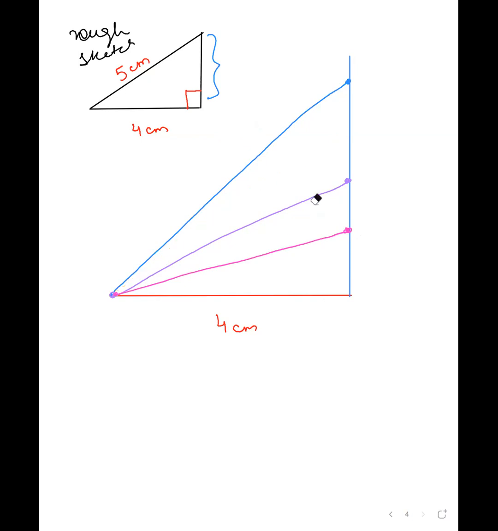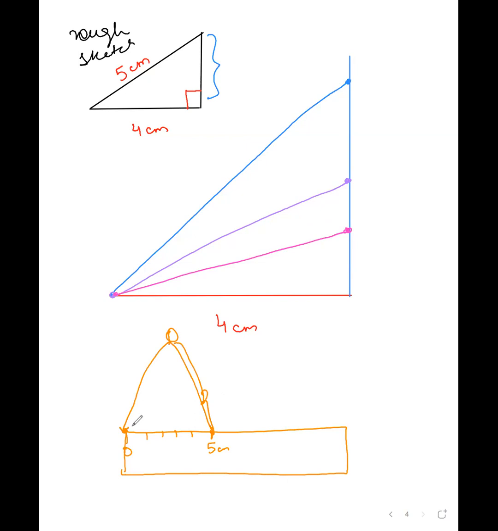We take a compass. You take a ruler, your scale. Here it is 0, 1, 2, 3, 4, 5. This is 5 centimeters, right? Then you take your compass, you put the needle at 0, and the pencil part at 5.